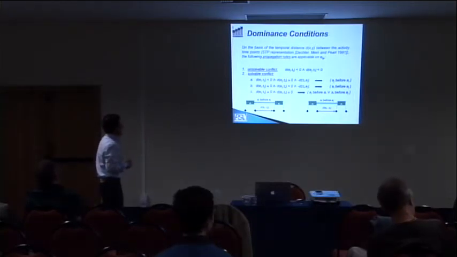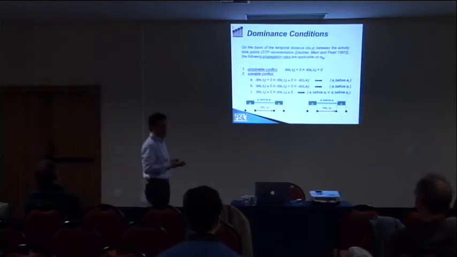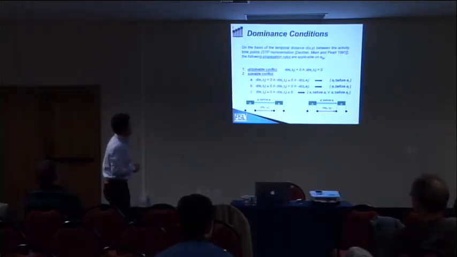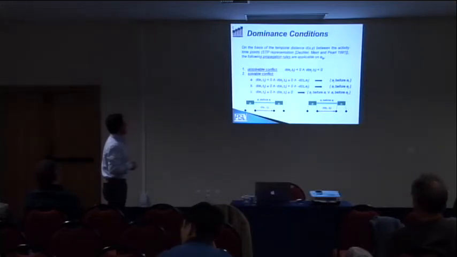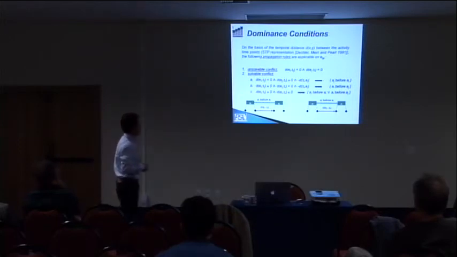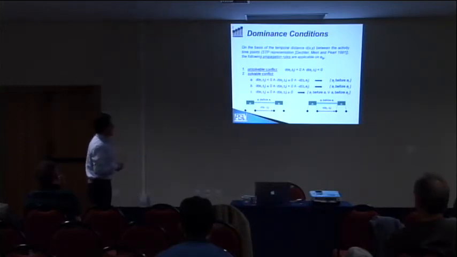Given the set of temporal constraints underlying the problem, which is a classical simple temporal problem, given the simple temporal problem representation, we can calculate the distance in time between each pair of time points, each start time and end time of the activities. And so there are four possibilities.